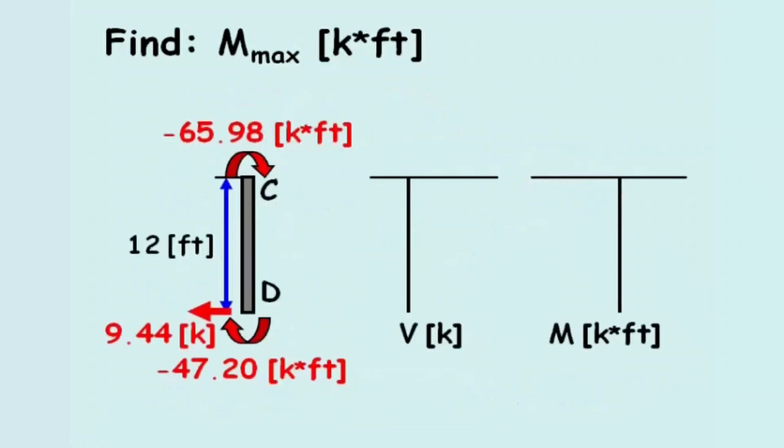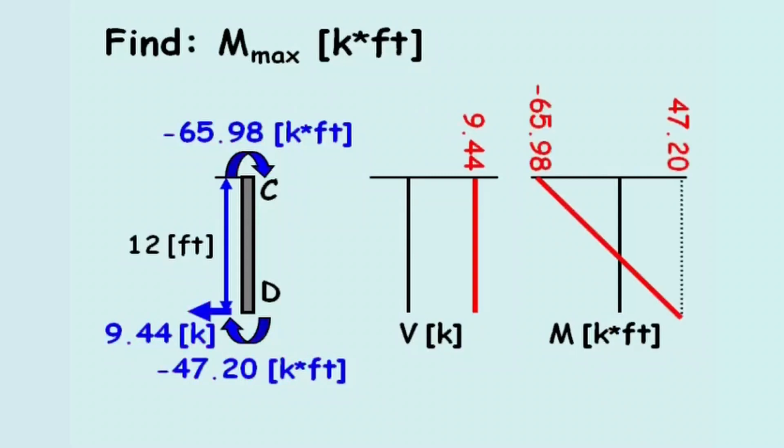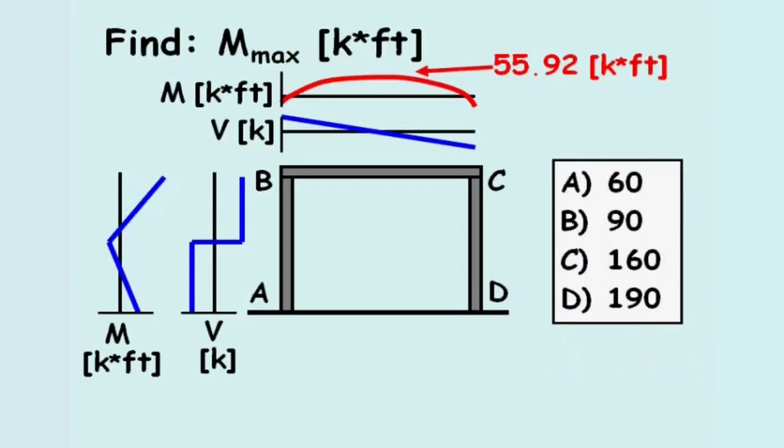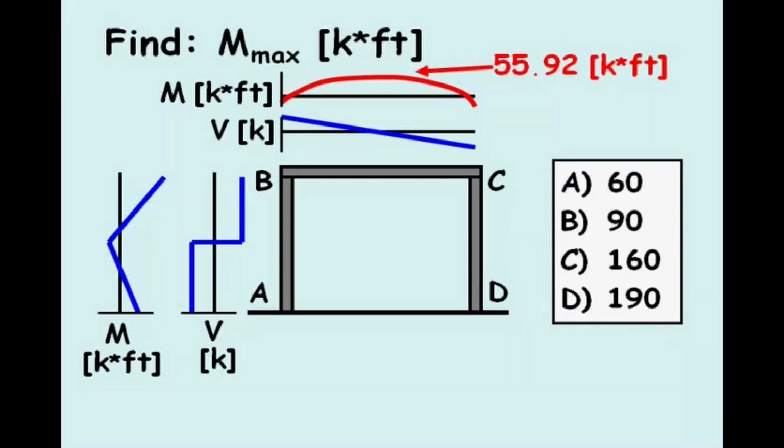For beam CD, the horizontal reaction forces and end moments are added, and the shear and moment profiles are sketched. After sketching the shear and moment diagrams for all three beams, the maximum moment occurs in beam BC, which equals 55.92 kip feet. When reviewing the possible solutions, the answer is A.